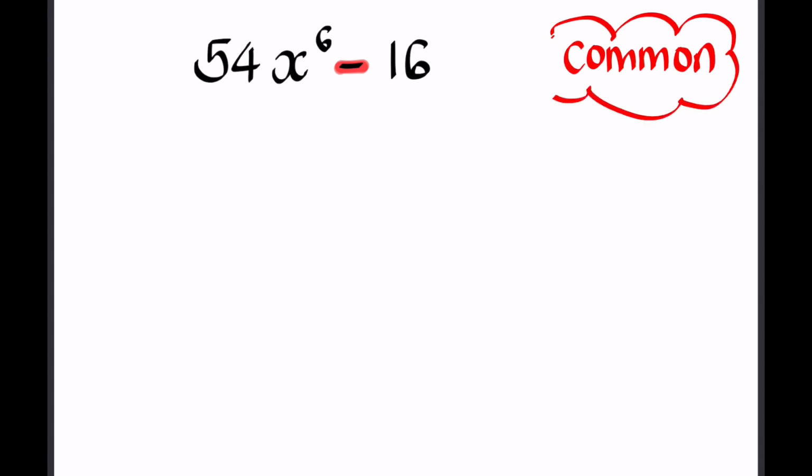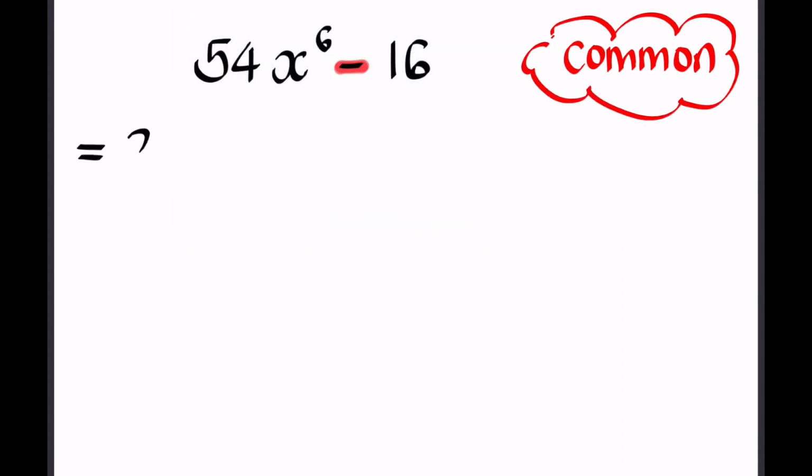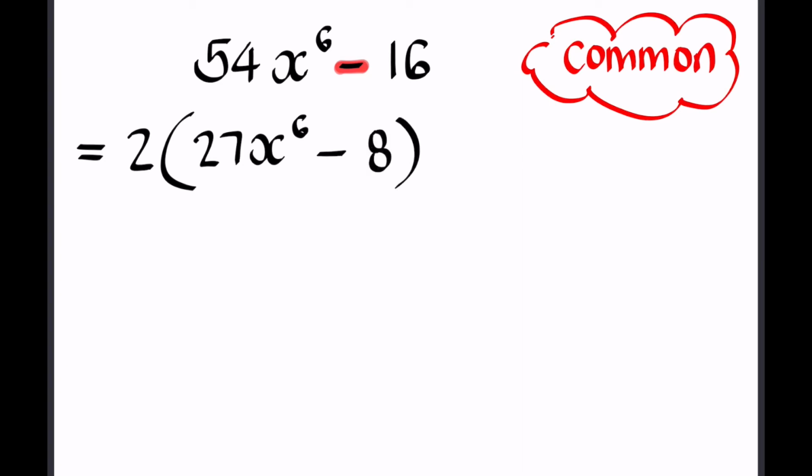So both of these numbers are divisible by 2. So I'm going to start by removing my common factor of 2. So 54 divided by 2 is 27x to the power of 6 minus 16 divided by 2, which is 8. Inside my bracket, 27 is a perfect cube, x to the 6.